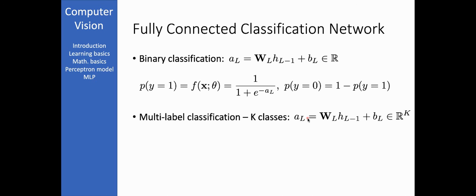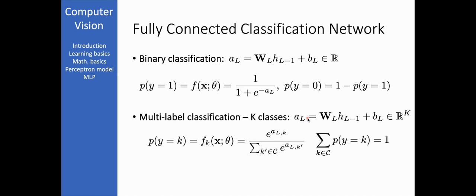And for this, I use what's called the softmax nonlinearity, which is given in this form. So to be able to compute the probability of a sample belonging to the class k, I simply take the kth component of the final activation, take the exponential of it, and divide it by the sum of all the other exponentials.